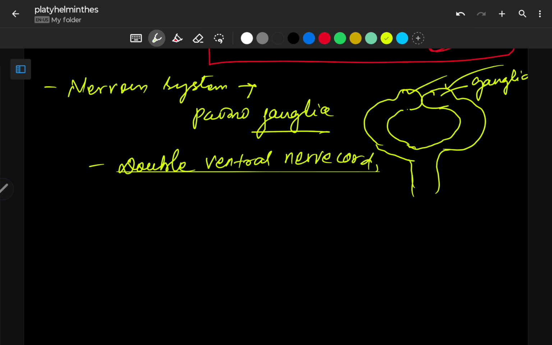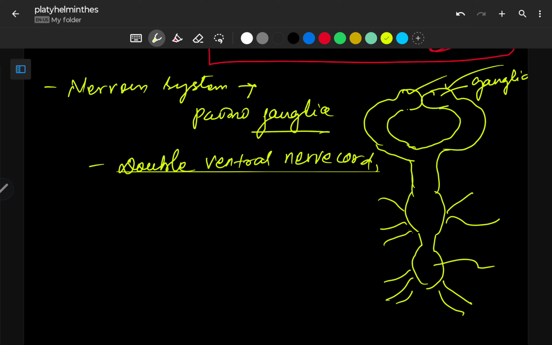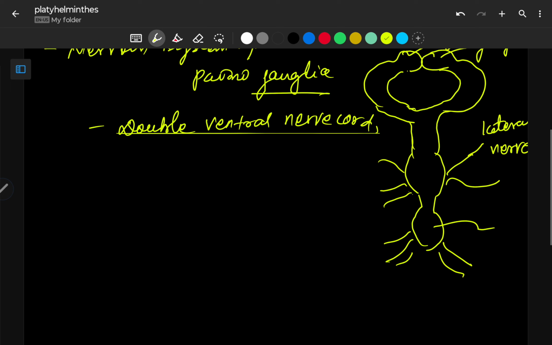So here you can see that in each segment there are ganglia, and from these ganglia the nerve fibers arise. Okay, so these are the lateral knobs. Okay, now come to the reproduction.